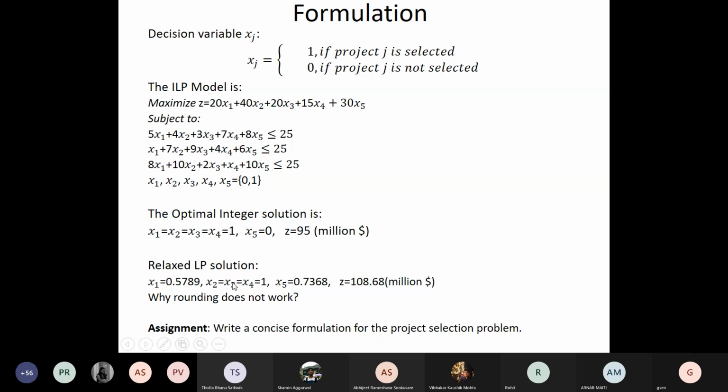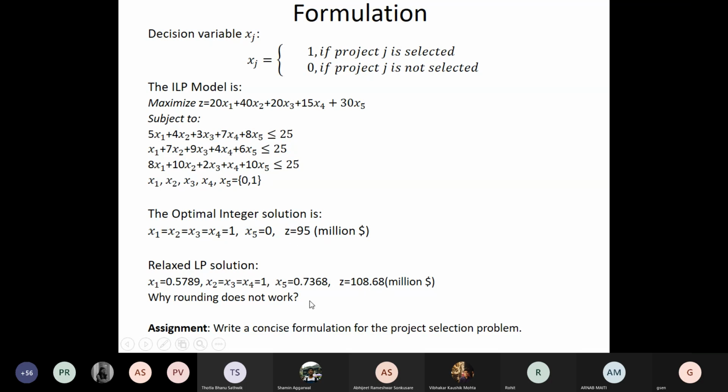So this is called the relaxed LP solution because we have relaxed the integer constraint. This is the solution we would have got by solving the LP. Apparently the profit, which was earlier 95, is now 108, so it has increased.